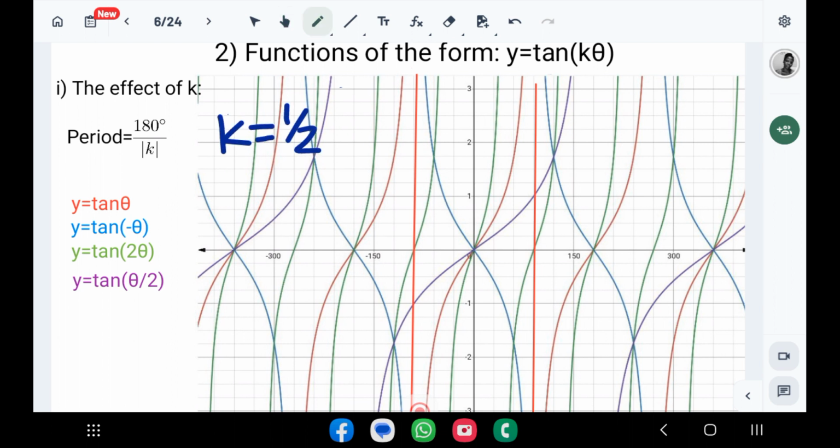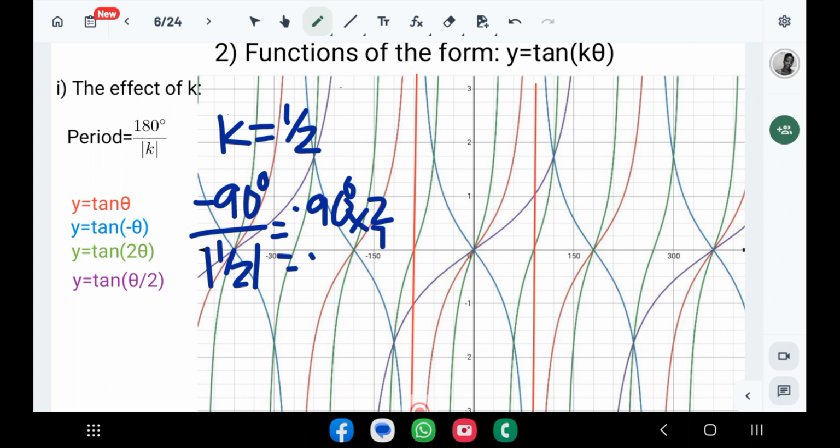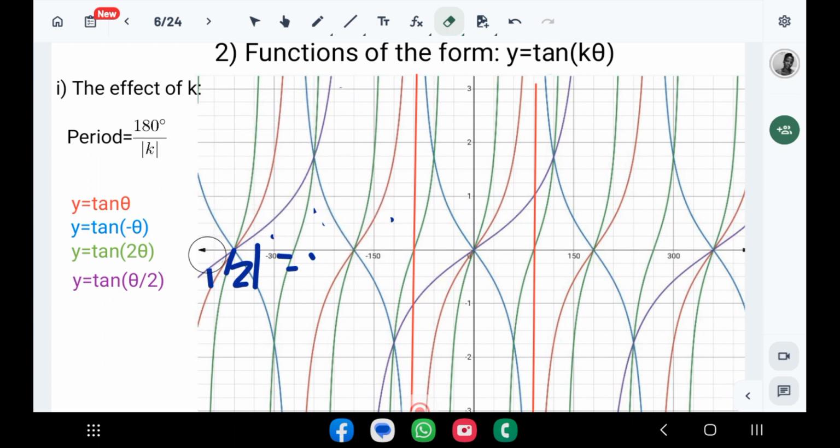So that means on the left hand side, this is the asymptote negative 90 degrees divided by the absolute value of a half, which equals negative 90 times 2 over 1, which gives us negative 180 degrees. So here is the negative asymptote for the green graph. It will be at negative 180 degrees.